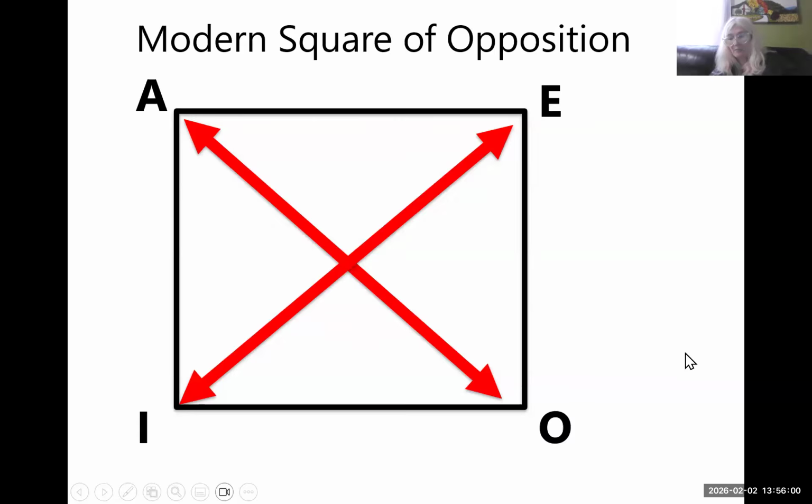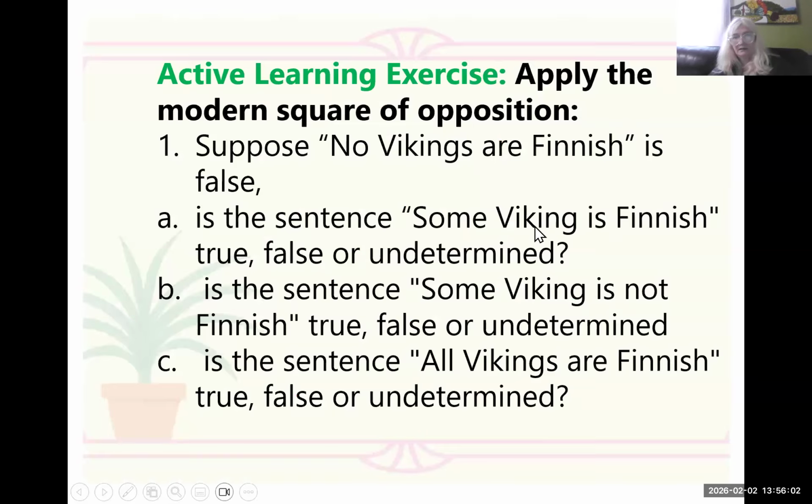If E is false, I must be true. So here you're going to go through all of the possible values. And for the modern square, you're only ever going to be able to determine the one that contradicts it. Okay?